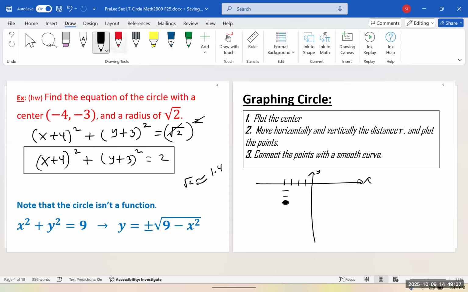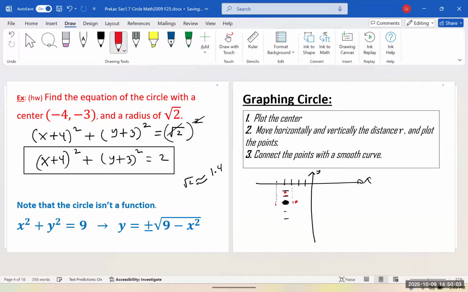So you take this center and you go 1.4 in all directions. So we have this, we have this, and then we have this. 1 is here, 1.4 should be somewhere here. 1 is here, 1.4 would be somewhere here.